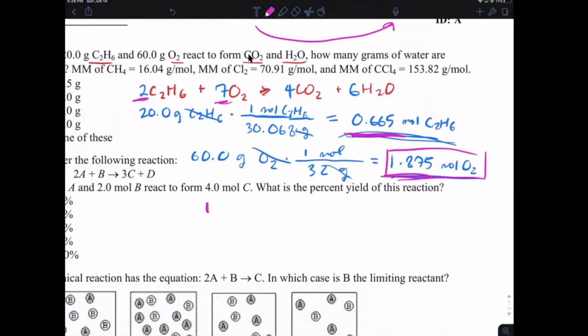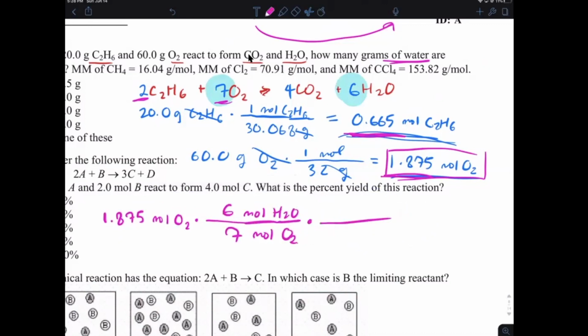So let's see, 1.875 moles O2. And we're trying to find grams of water, so we just write out our ratio again. So moles water and then moles O2. So from the equation, we know 6 goes on the top, 7 goes on the bottom. Just reading off. And then let's write out everything.